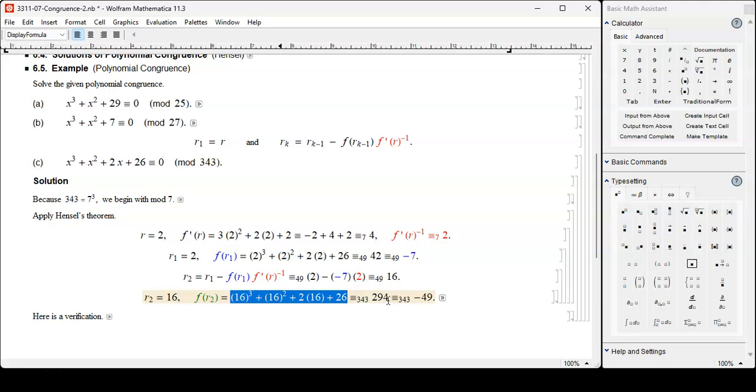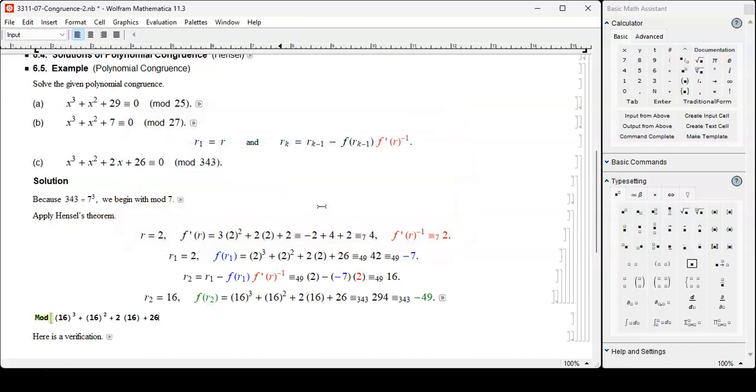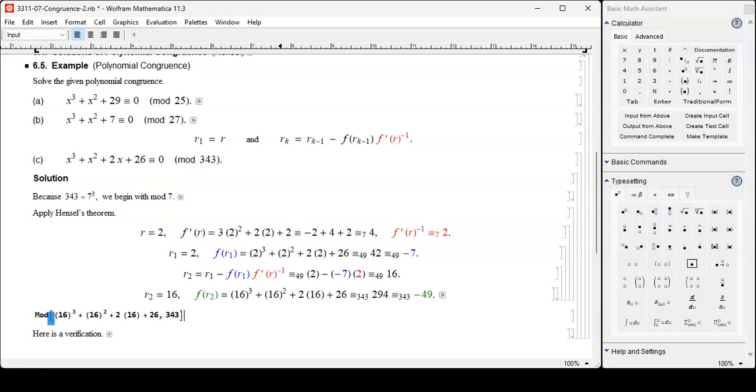I just used Mathematica. It gives 294, so you end up with -49. It's got to be right. Let me copy and paste this. Yes, 294, so it's congruent to -49.